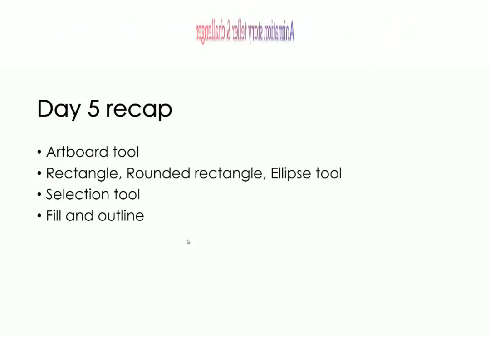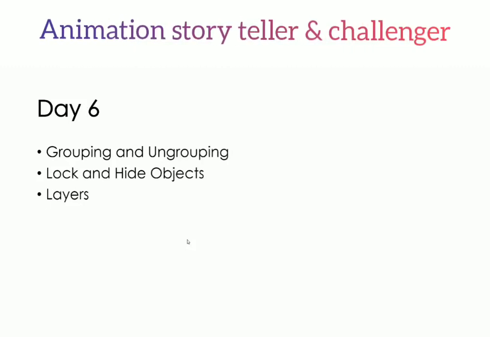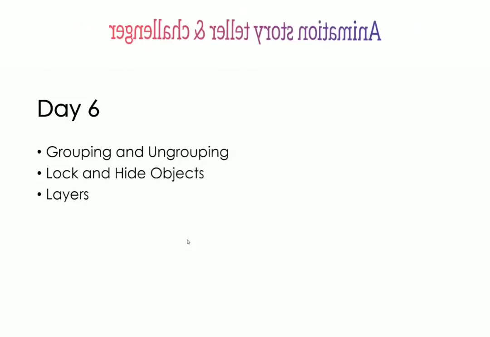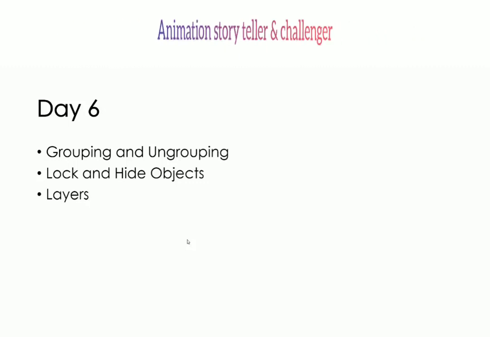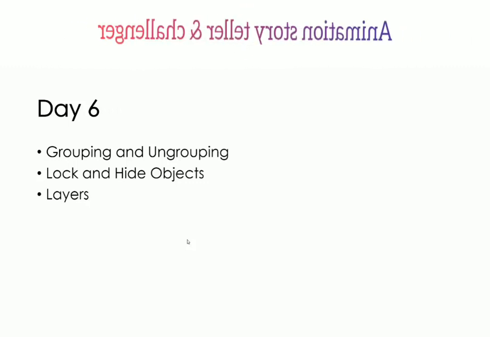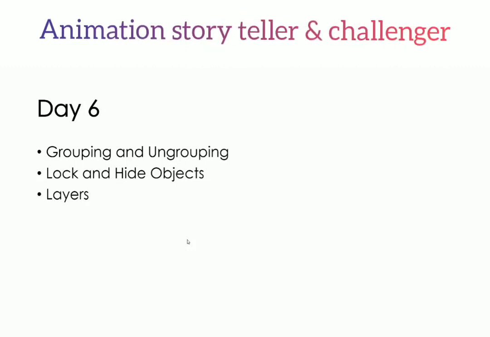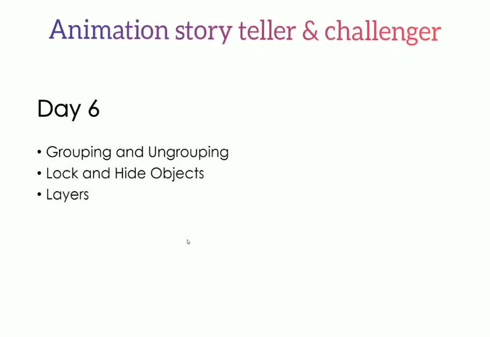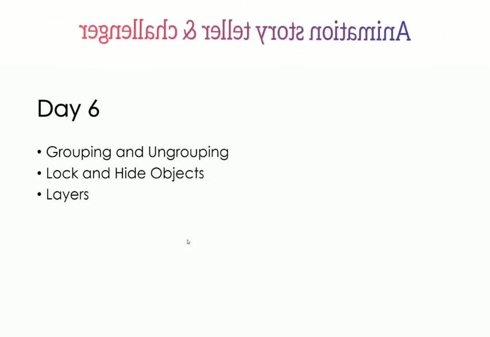That's what we are going to start with, and then we will see grouping and ungrouping objects, and then how we can lock objects and how we can hide objects. We are going to do a few experiments with these two techniques, and it will be fun. After that, we are going to learn about layers.